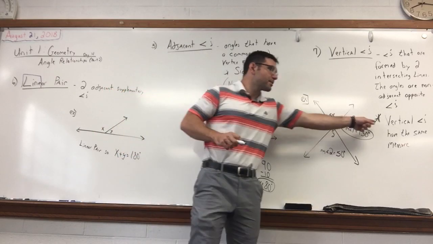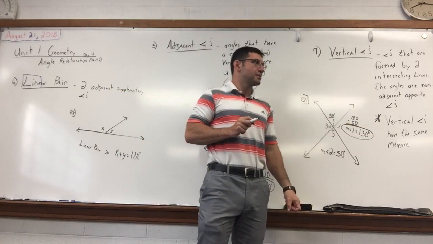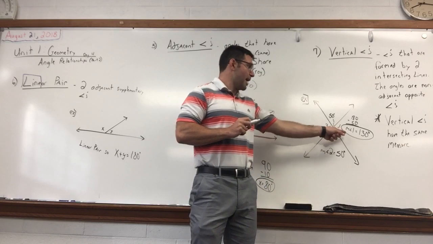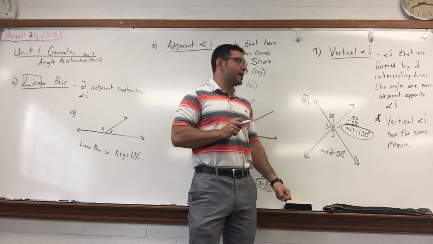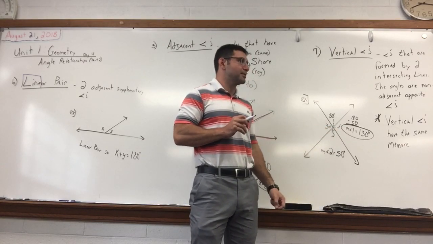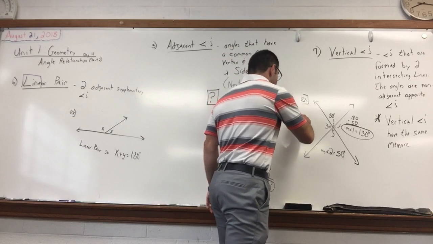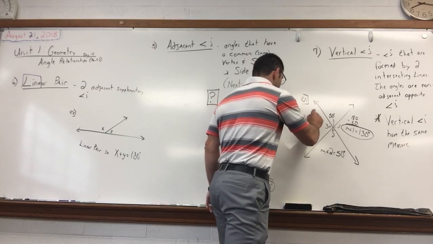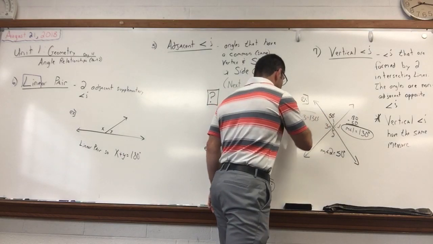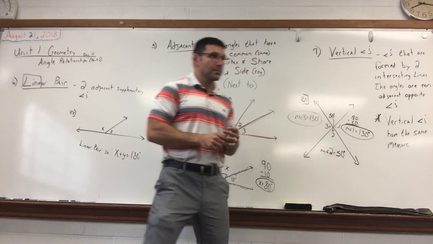What are vertical angles? Have the same measure. So if angle 1 and angle 3 are vertical angles, what does the measure of angle 3 have to be? Yeah, 130. So I can say the measure of angle 3 equals 130 degrees.